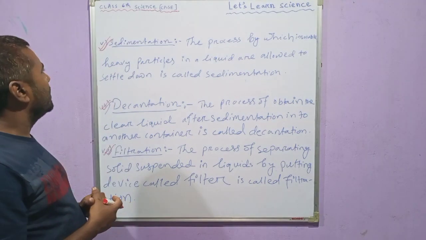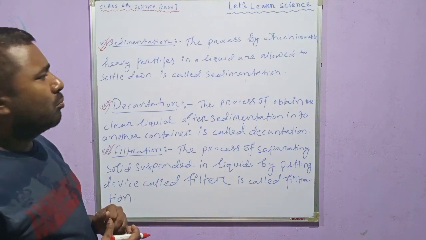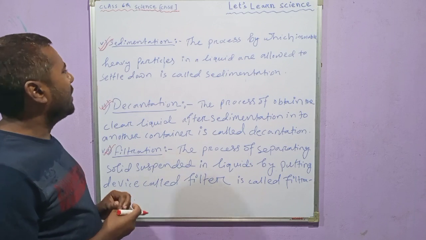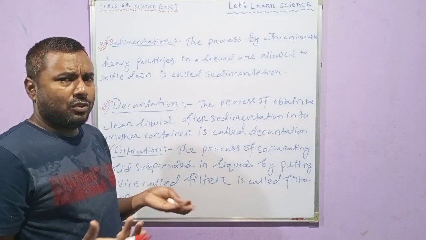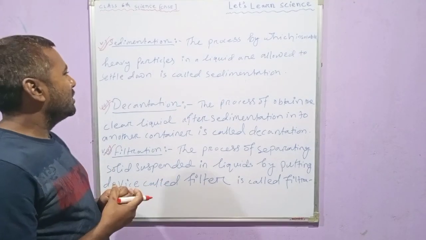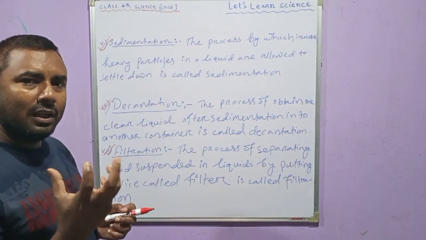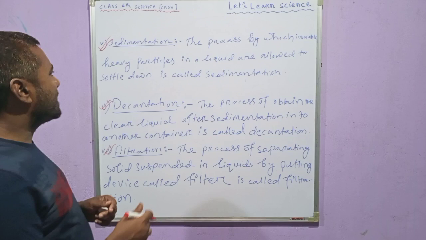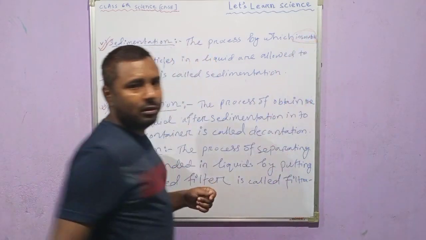Now let's see the first one, that is sedimentation. The process by which insoluble heavy particles, the particles are somewhat heavy and insoluble. Keep this in mind, it is to be noted.